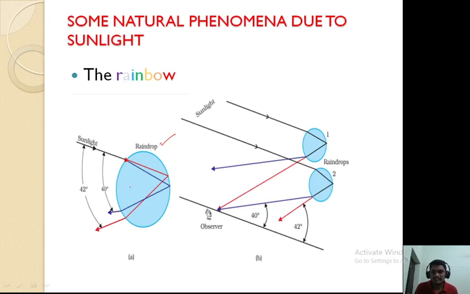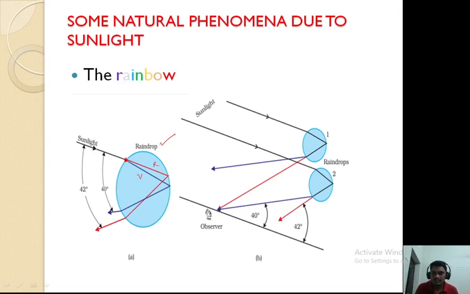That is why separation of these colors takes place. We are representing only two colors here, red and violet, not the intermediate colors, otherwise the figure becomes complicated.